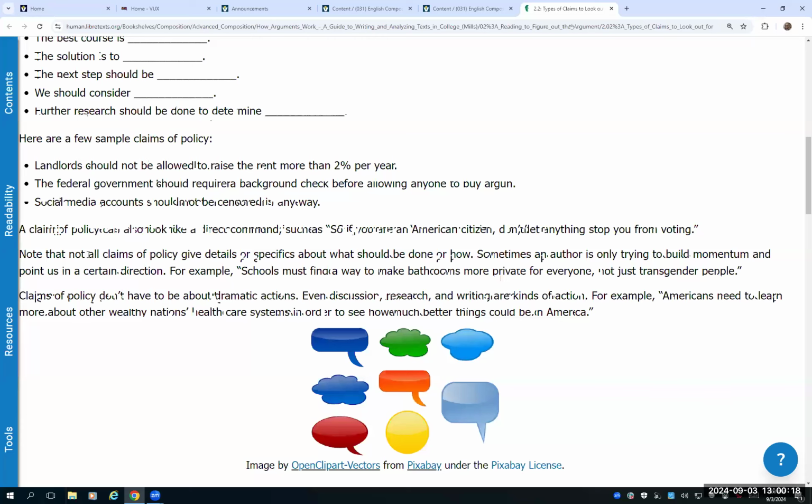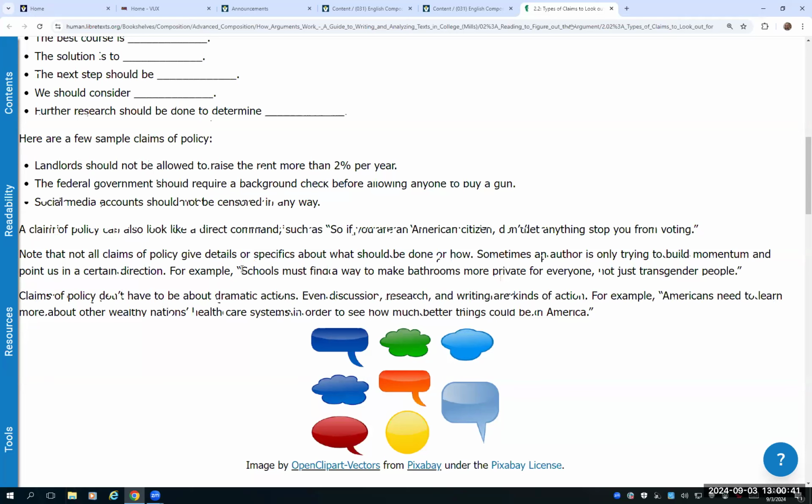It says, note that not all claims of policy give details or specifics about what should be done or how. Sometimes the author is only trying to build momentum and point us in a certain direction. So for example, schools must find a way to make bathrooms more private for everyone, not just transgender people.